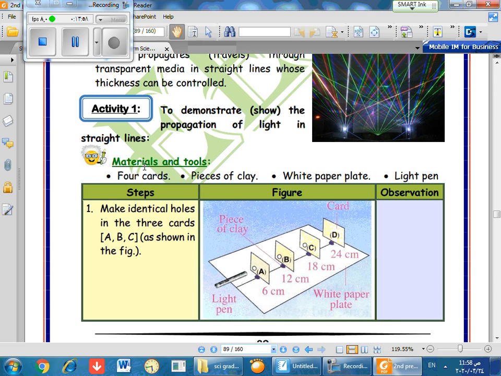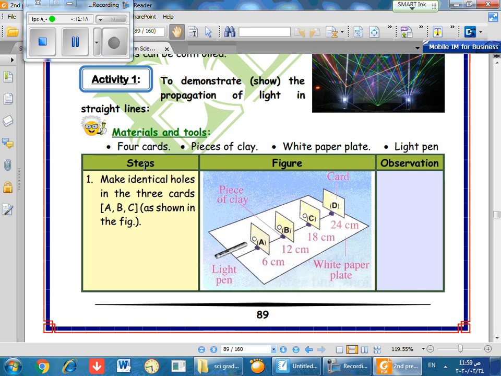What happens if you move the second or the third piece of carton, for example B or C? The holes are no longer in a straight line, so the light can't pass to reach the second side. Our conclusion is that light can't pass in a curved line or a zigzag line; light passes in a straight line, and it can be directed.